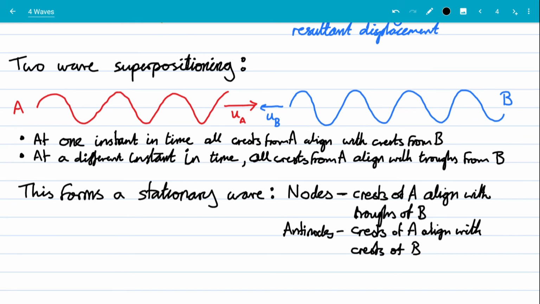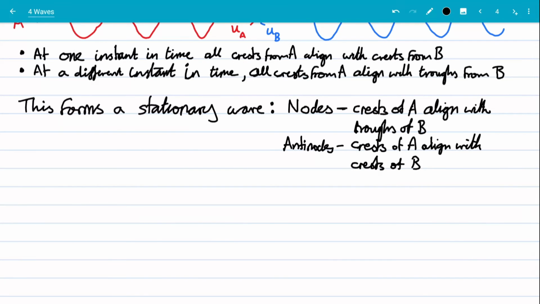But in the middle, the maximum displacement is very high, and so the amplitude is very high. And somewhere between those, you end up with smaller amplitudes. I don't want to go into that now because we'll do that next lesson.